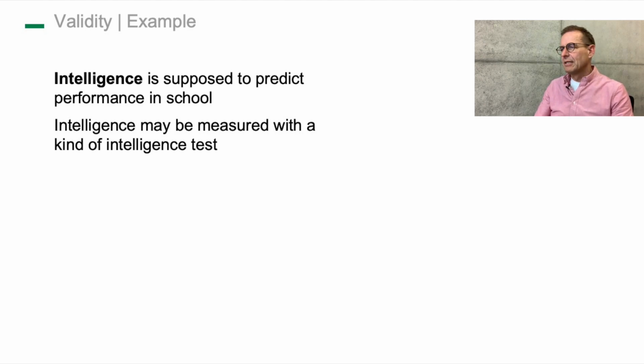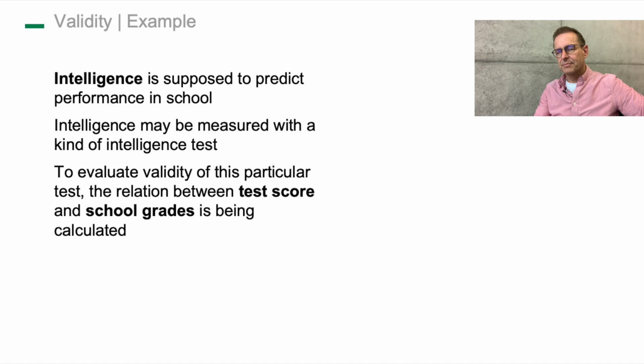But we do not only look at the test scores, we not only measure the intelligence, we also look at the overall school grades of, let's say, elementary school. Let's assume there is one final overall grade from elementary school. So what we have then is a very simple table.